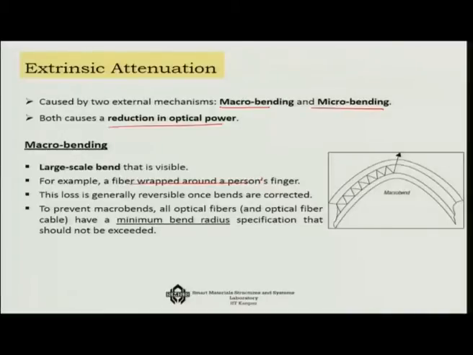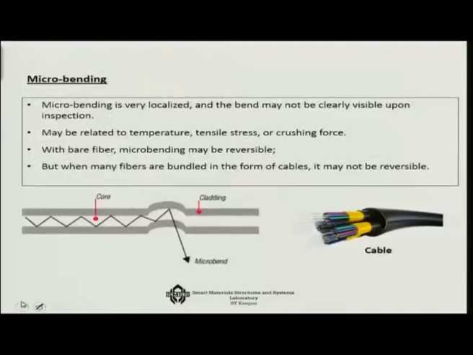The loss is generally reversible once the bends are corrected. To prevent such macro bends, all optical fibers have a minimum bend radius specification, because if you bend it more than that, then the light ray can actually escape. So, this macro bending can be prevented by maintaining the minimum bend radius for the reduction of the extrinsic attenuation.